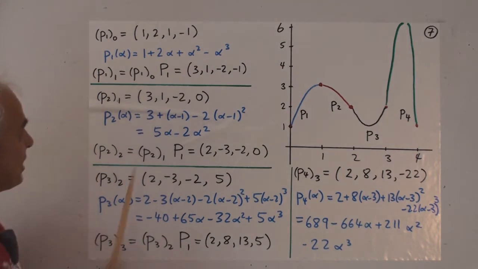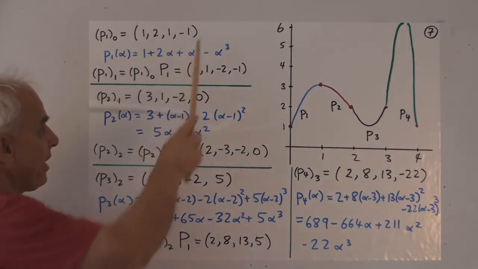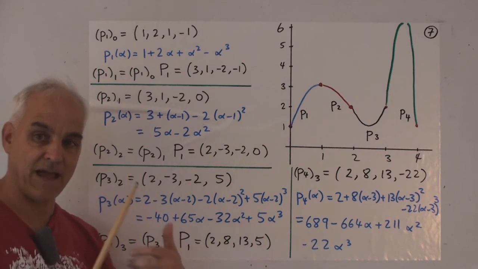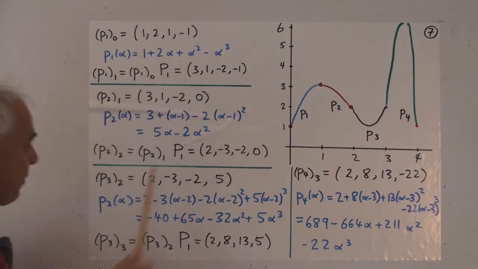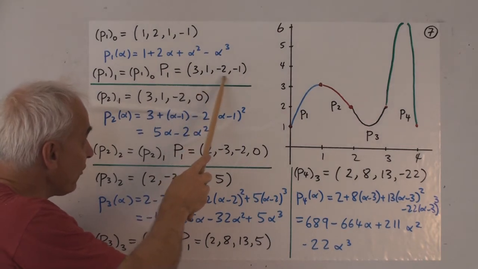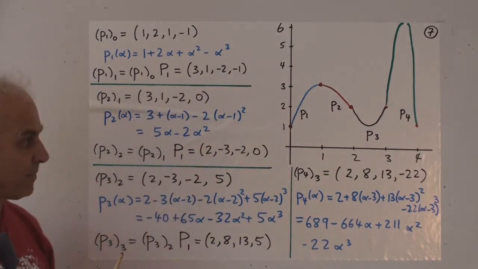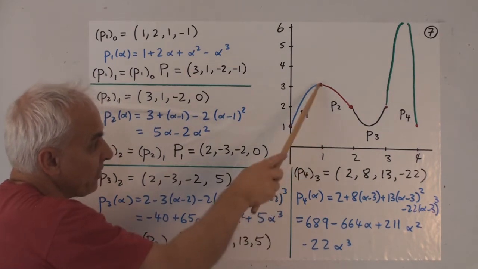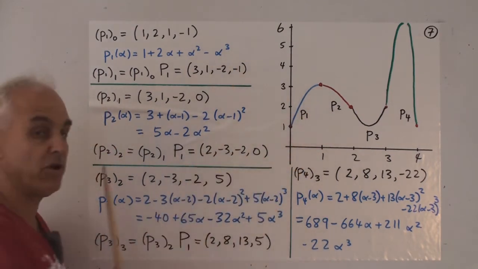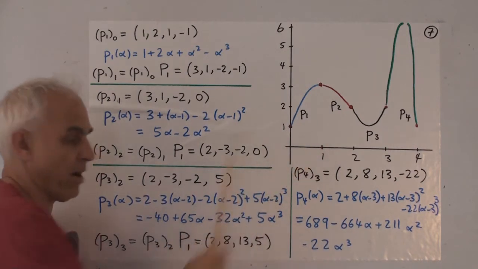So, we take this vector, and on the right, we multiply by that Pascal matrix. Please check that I've done it right. And we get the vector 3, 1, minus 2, minus 1. That is now the Taylor coefficient vector for the same polynomial at the point 1.